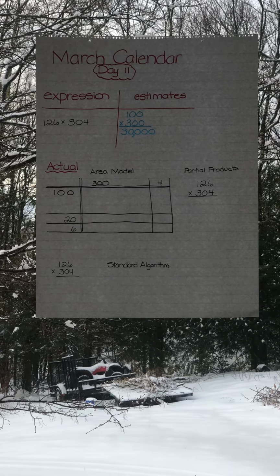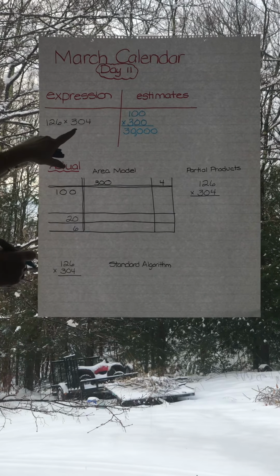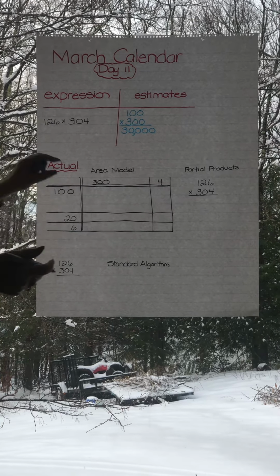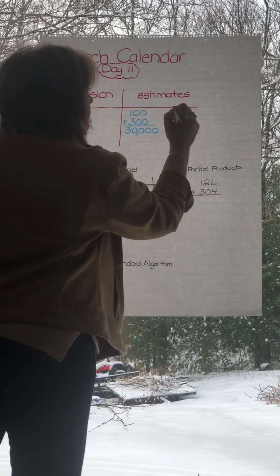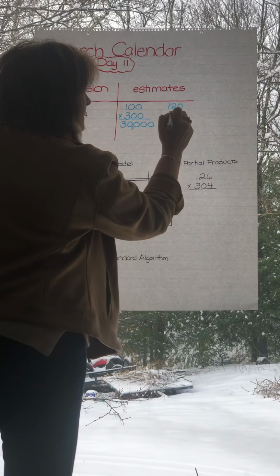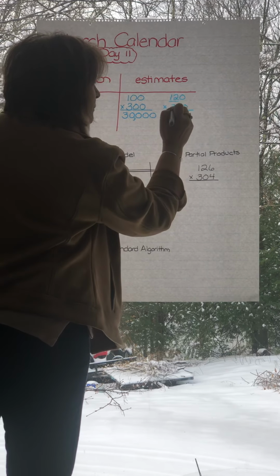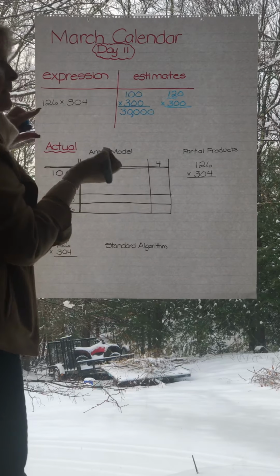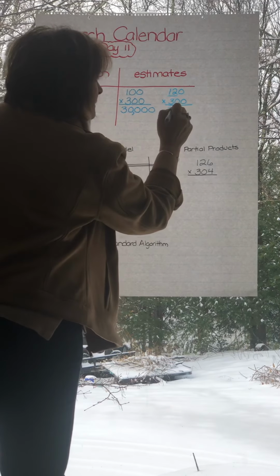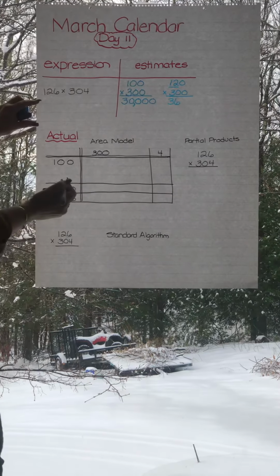The other thing that we could have done is look at this and say, okay, 12 times 3 is a fact, so let's do 120 times 300, and we know that 12 times 3 is 36, and then we have 1, 2, 3 extra place values.